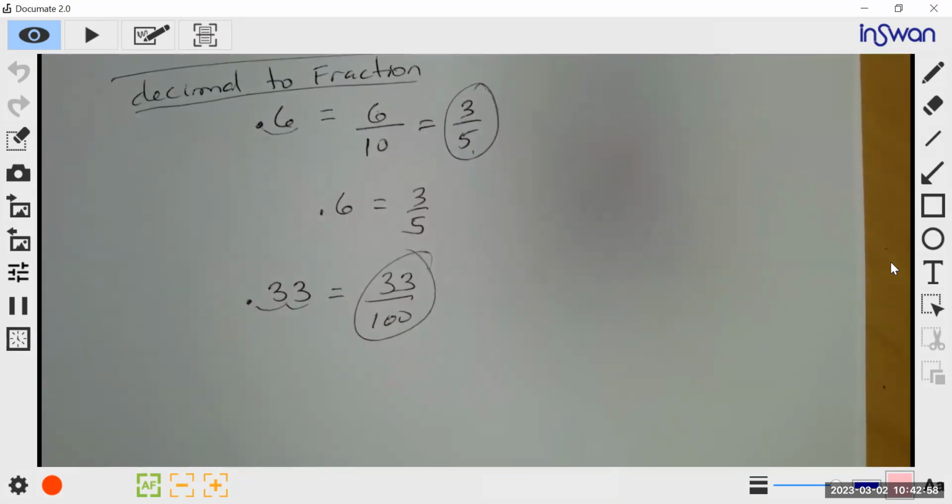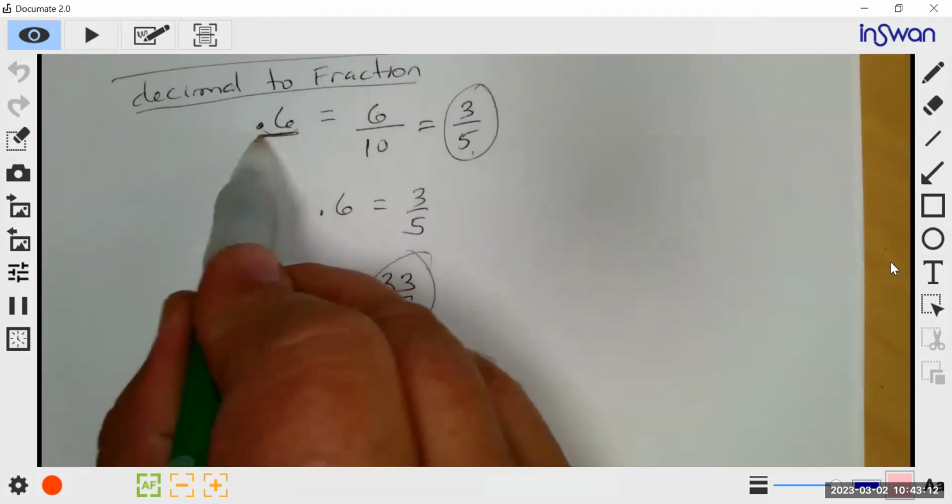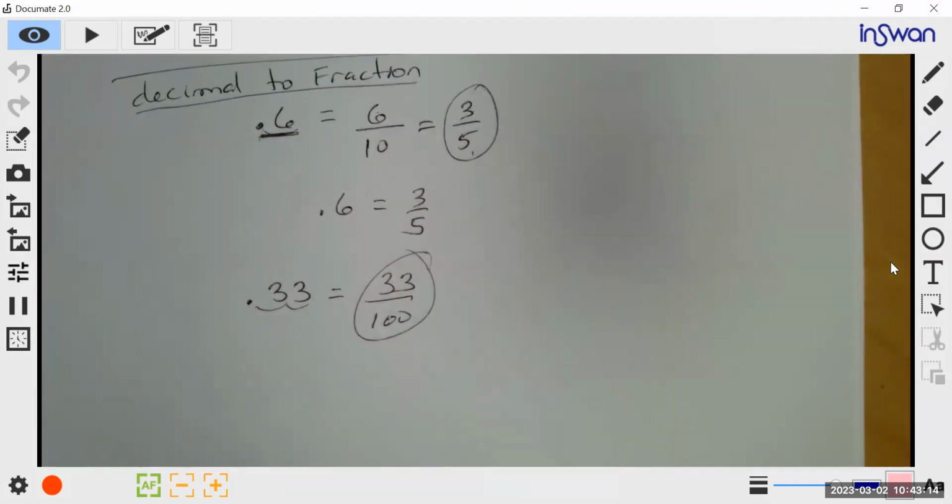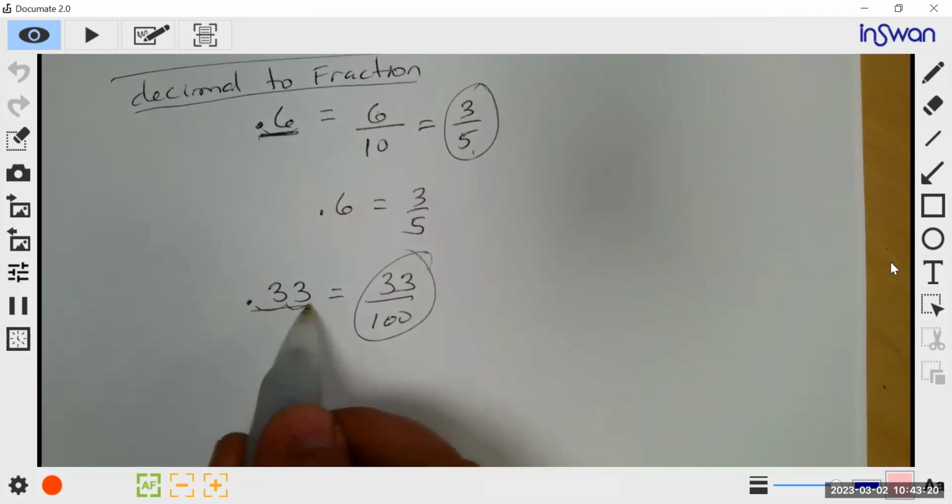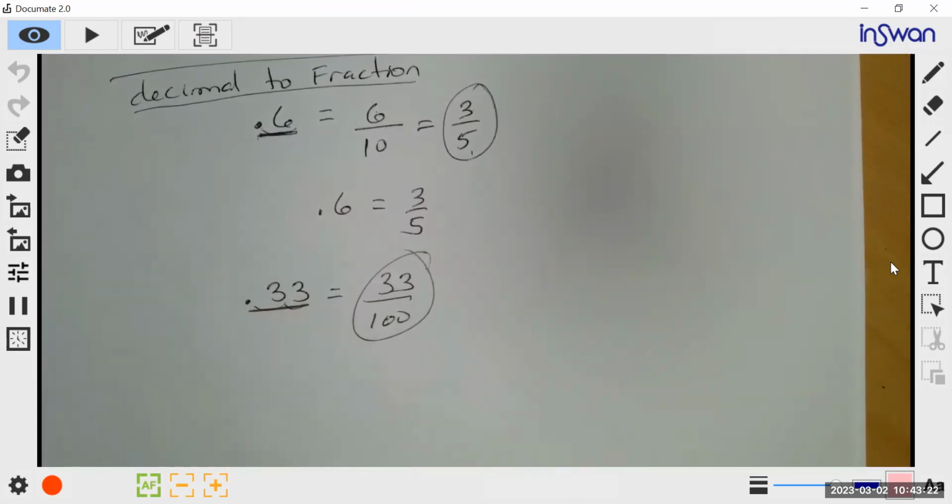What's the definition of proper fractions? If it's a proper fraction, your decimal is either finite terminating or repeating. This is finite. It's only 0.6. So because of that, it's a proper fraction. It's a rational number. How about this one? Same logic.